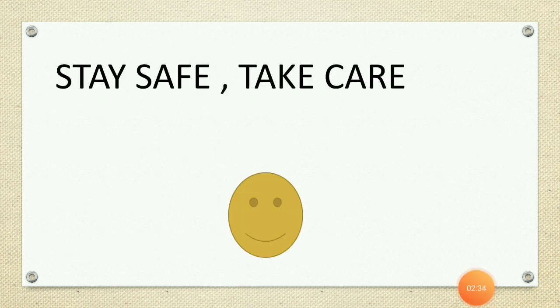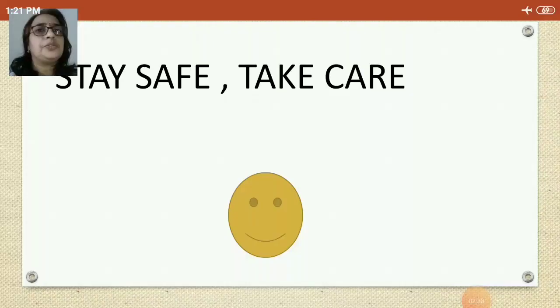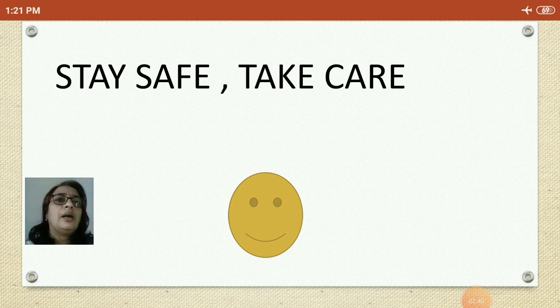So this way we have revised our picture composition today, children. The main thing you have to remember while writing any picture composition is you have to observe the picture carefully. Each and everything you have to see. Second thing, ask the questions, because with the help of those answers only it becomes easy for us to write the composition.